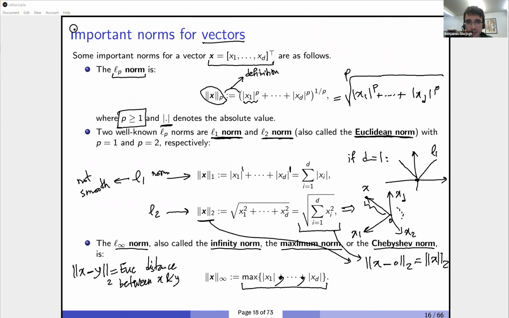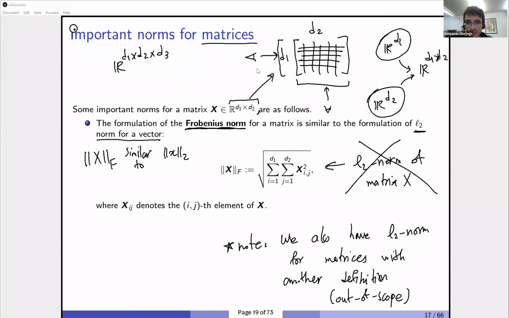I'll go back and forth so you can look at it. So the Frobenius norm for a matrix is similar to the L2 norm for vector X. We have some L2 norm for matrices which I'm not introducing. It's out of the scope of this course. Don't confuse it. Okay? So far clear?